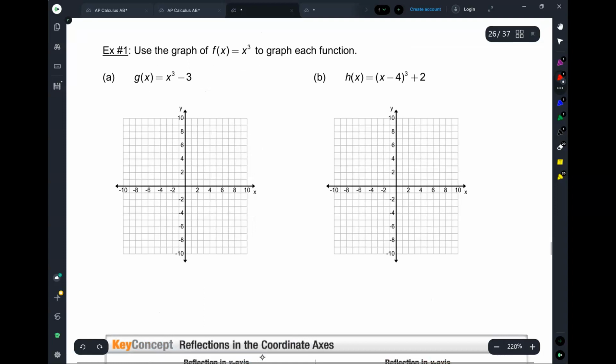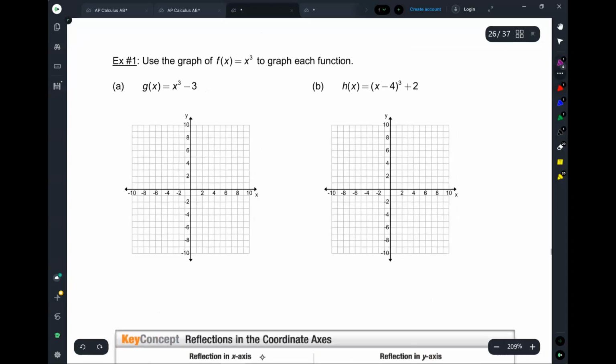Okay, so let's do it then. Let's graph a couple. X cubed minus 3. So we're going to use f of x equals x cubed to graph this. For this one only, I'm first going to graph the parent function x cubed. You should now know after this lesson how it looks. It stretches up on one side, down on the other side.